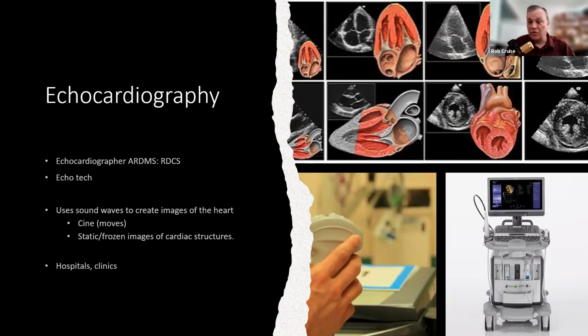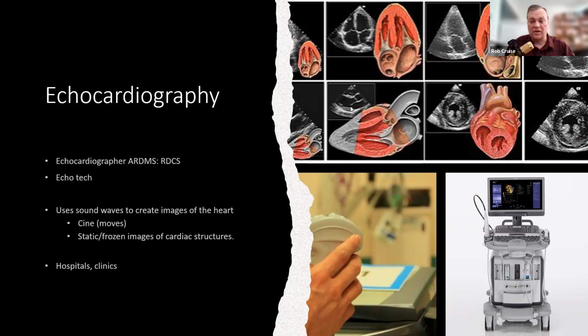Echocardiography. Okay, so this is using an ultrasound machine, right? So you have the ultrasound machine with a transducer, but you have special transducers and you have special software on the ultrasound machine in order to focus on and calculate all the body parts, all the anatomical sections of the heart.